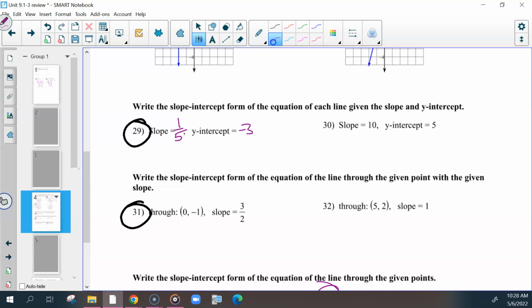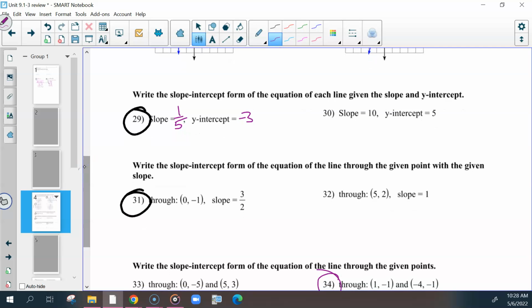If you're given slope and y-intercept, how would you write this in slope-intercept form? Y equals 1/2 x minus 3.